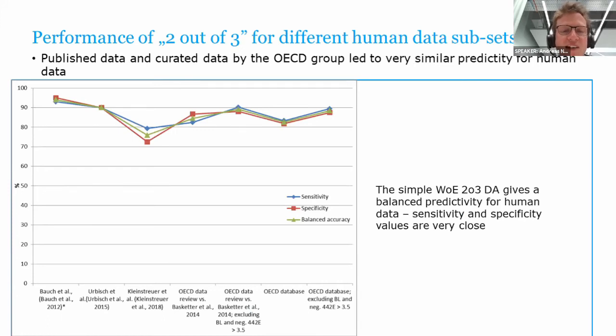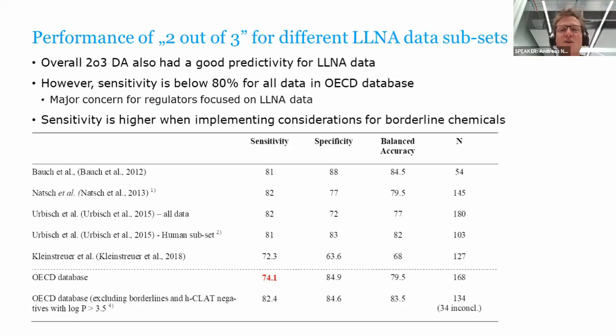So versus human data, overall, all these assessments came to quite similar predictivities. And what is important, it's quite a balanced accuracy, which is balanced because sensitivity and specificity overall was always quite similar. Of course, as I said, comparison versus the LLNA is also very important, especially to regulators when it should now replace the LLNA test.